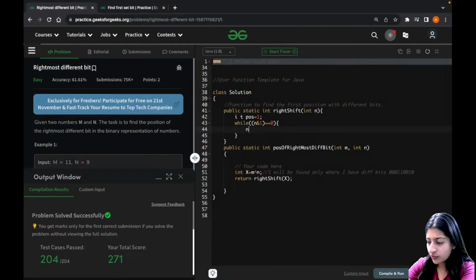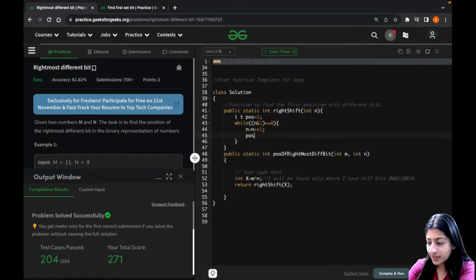So you are first of all making right shift on N, and new N will be N right shifted by 1, and you are incrementing the count of position so that you know which position you will be finding 1 finally. Once you are out of this loop, your position will be at that position where your bit in N is 1. That is why your N and 1 will not be 0 anymore. So you will simply return that position.